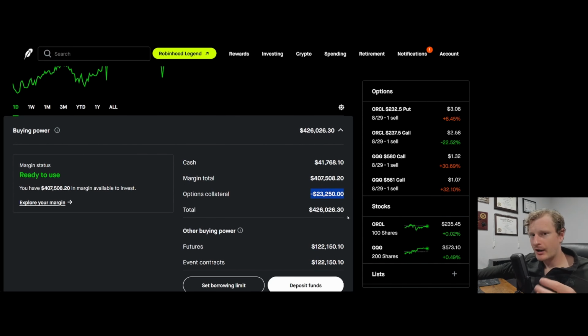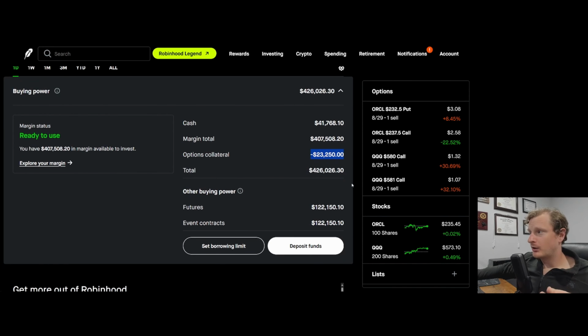So that's how I squeeze out extra premium every single day, because I like to use all of my cash. All of my cash I dedicate to covered calls, and then I run additional cash secured puts with my available margin. The way Robinhood allows you to run cash secured puts on margin is called event contracts. This is the number that's going to allow you to run those cash secured puts.